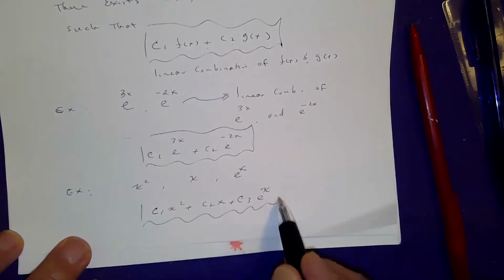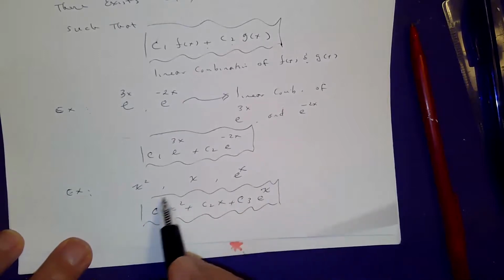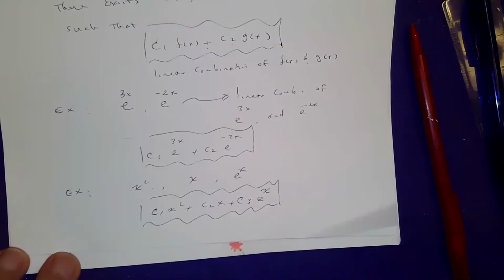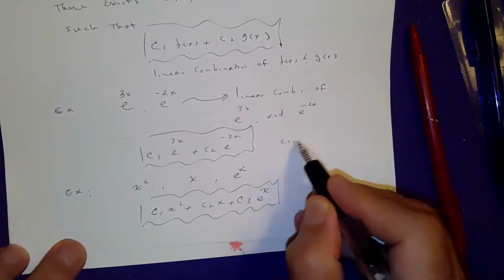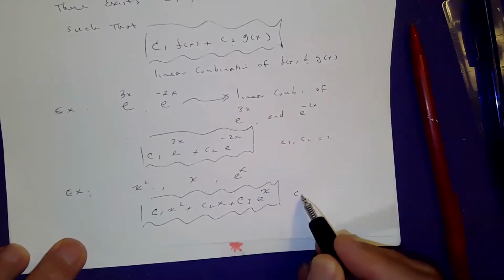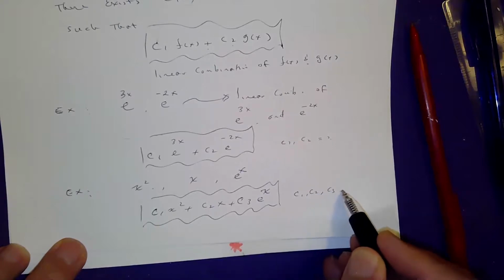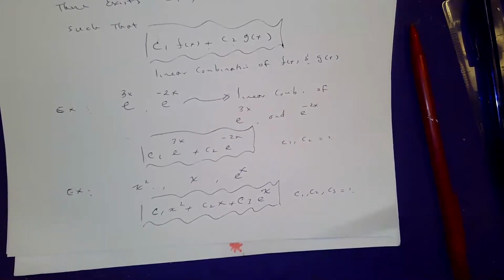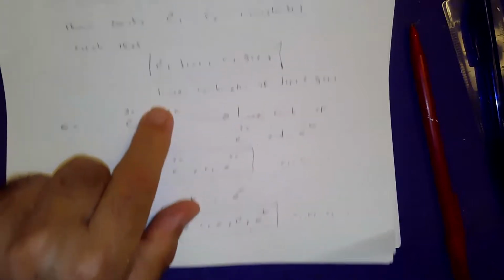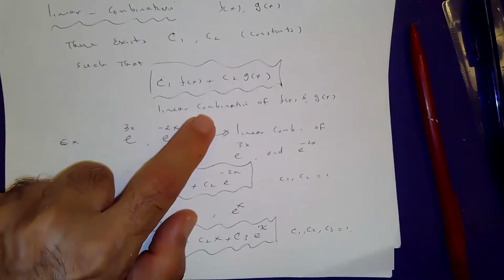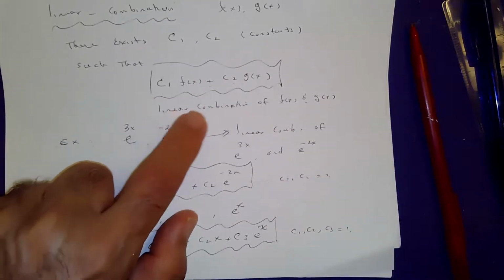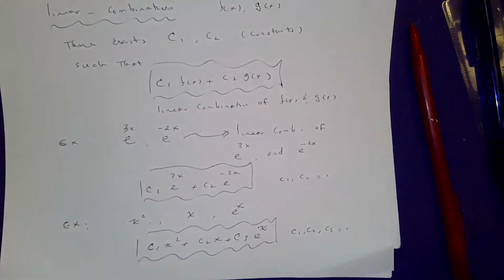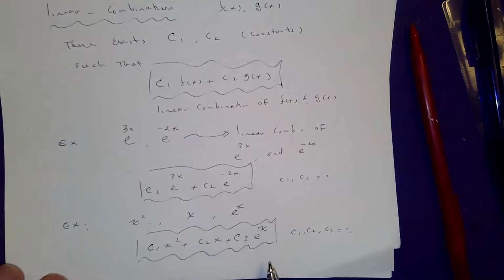What you see inside the box is called a linear combination of these three functions, provided such c's exist, provided you can find these c's later. So that's the meaning of this vocabulary. To say linear combination of what functions, that's what you mean.